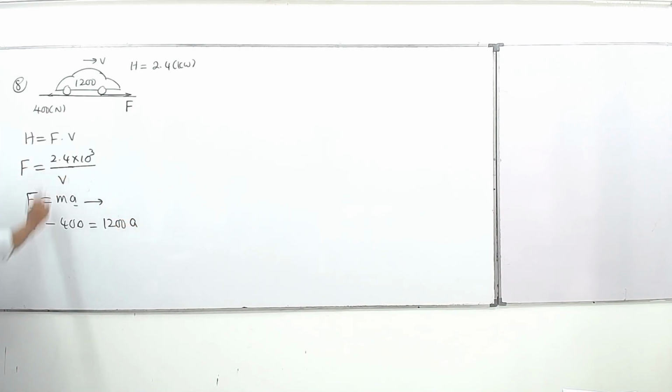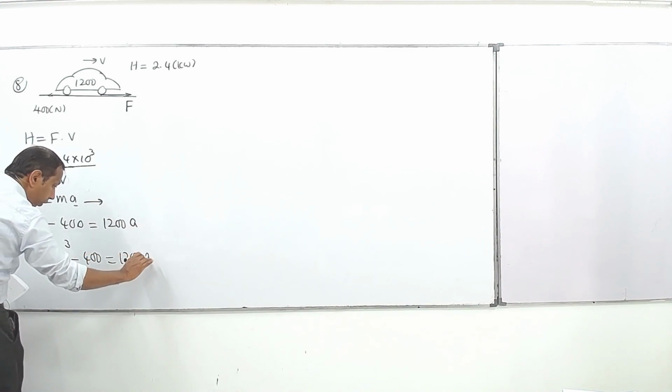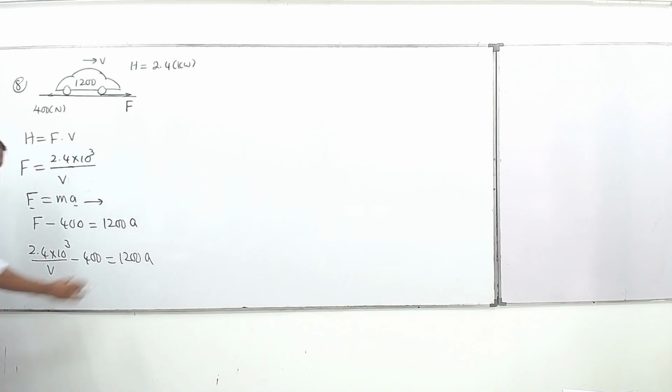F is 2.4 into 10 to the power 3 divided by V, minus 400, equals 1200a. 2 zeros you can cancel down, right? And here we get 24 over V.